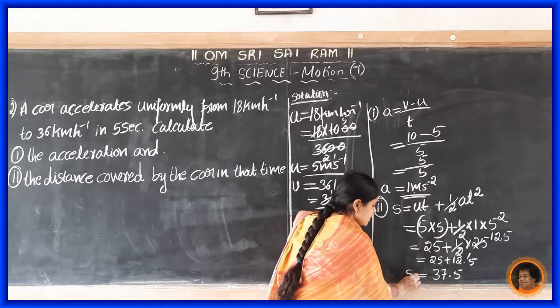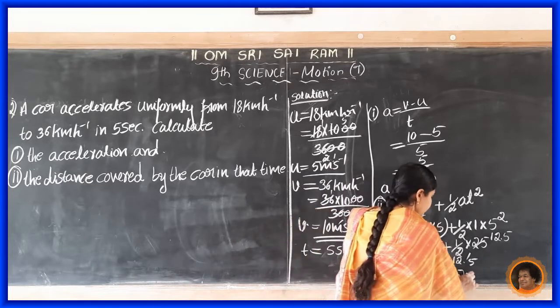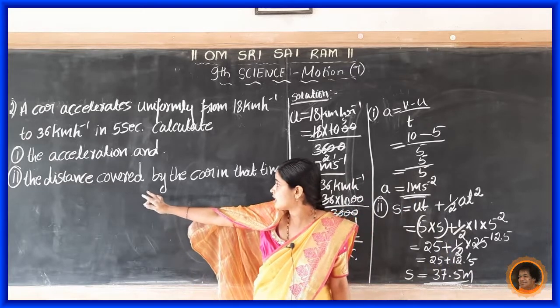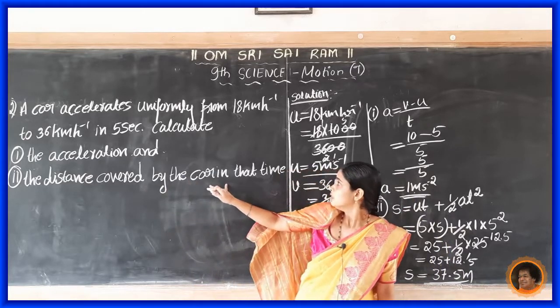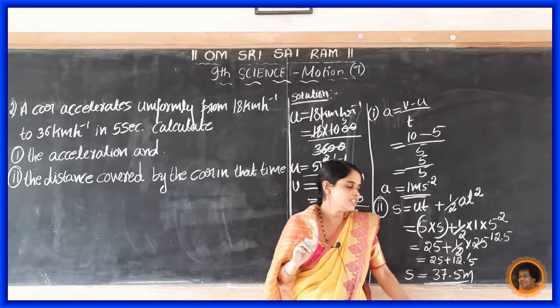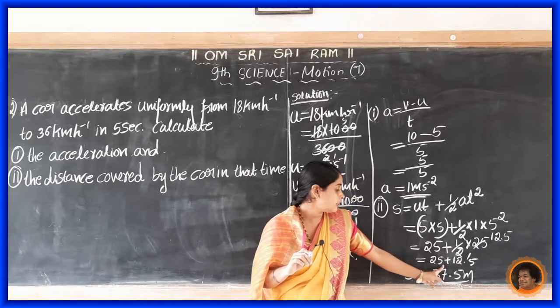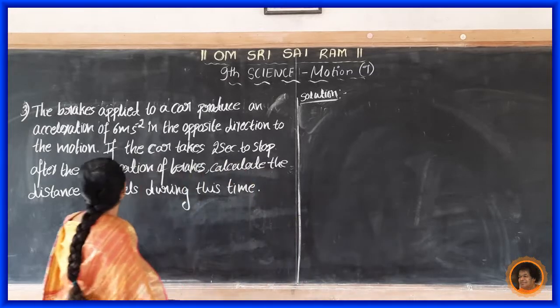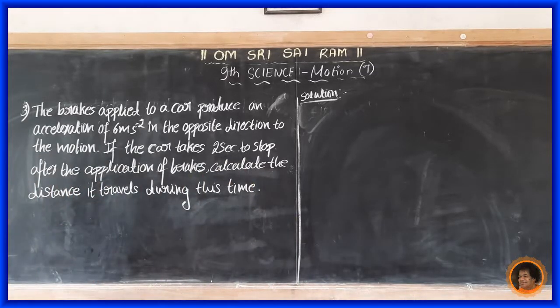It is distance travelled, so its SI unit is meter. So the distance covered by the car in 5 seconds, how much is it? 37.5 meter.